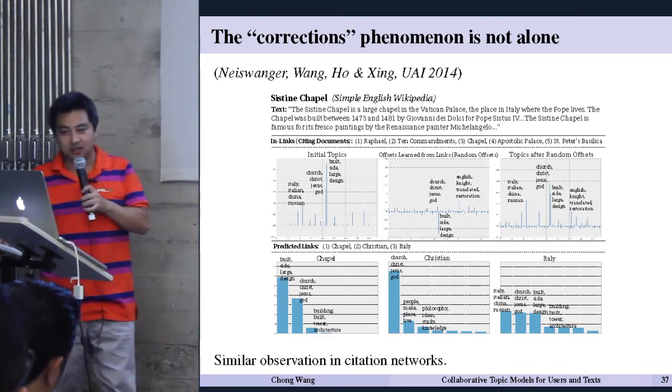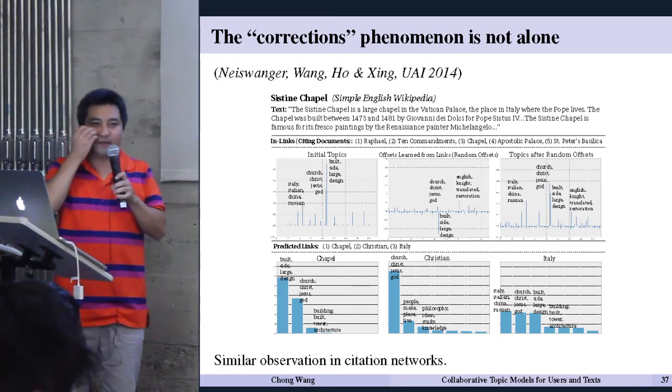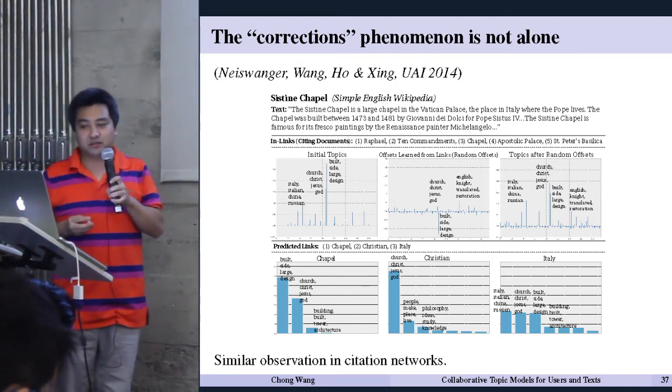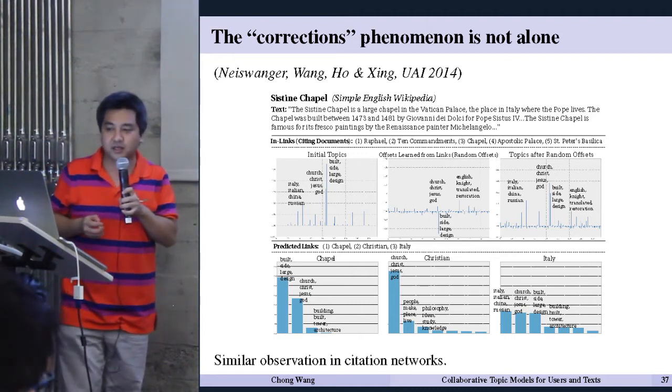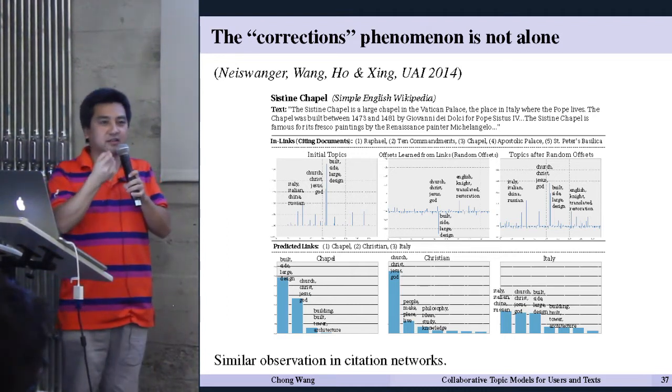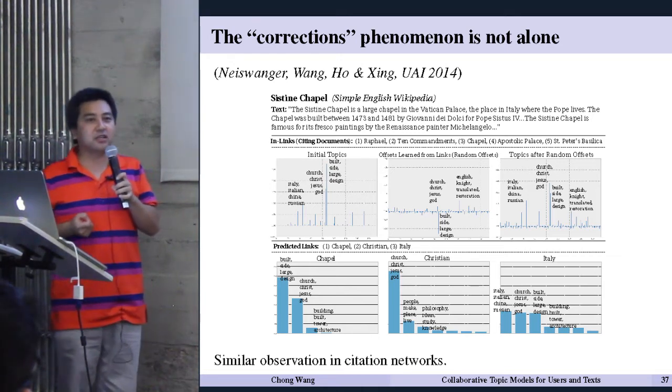Okay, so talking about this collaborative topic models. We recently have a paper about a similar idea, but to analyze a different type of data, which is network data. For example, this is based on the English Wikipedia data.